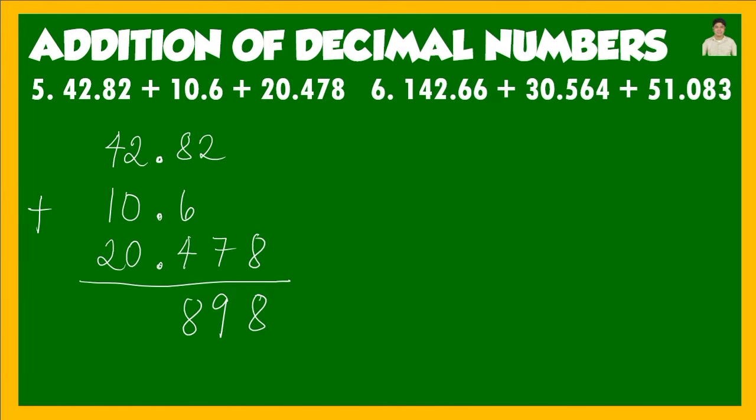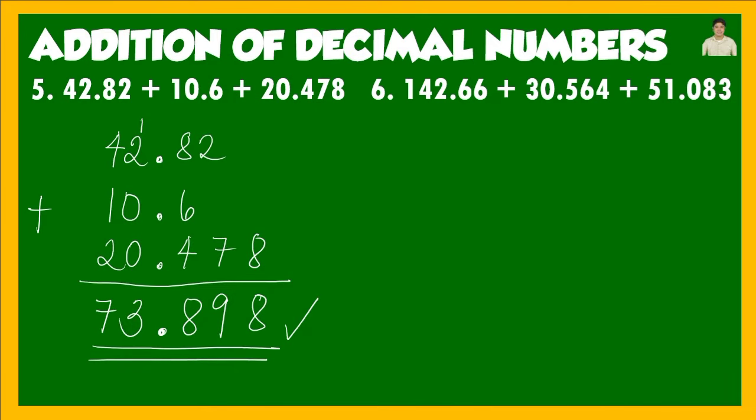So isulat natin 8 and then carry 1. 2 plus 0 plus 0, that is 2. Then plus 1, we have 3. 4 plus 1 plus 2, we have 7. And then, yung ating decimal point. So, our final answer is 73 and 898 thousandths.